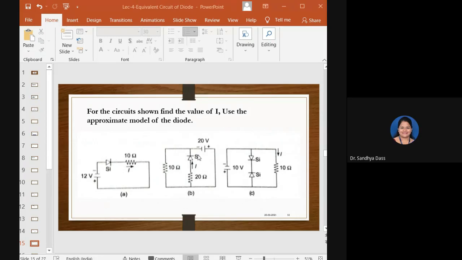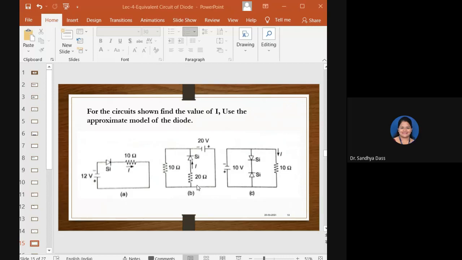Can you apply KVL and find what would be I? So how do we apply KVL here? Can anyone tell me? Is it 1 amps? It is 0.965. First give me the KVL equation there.